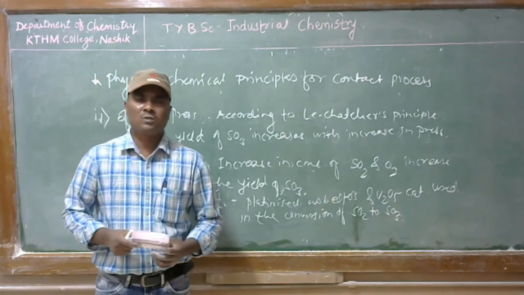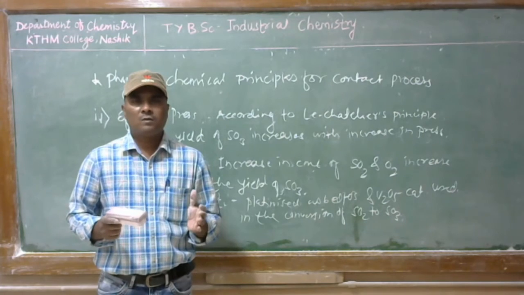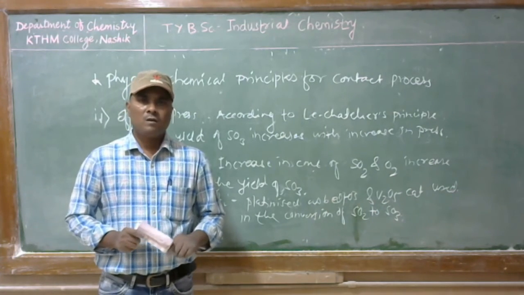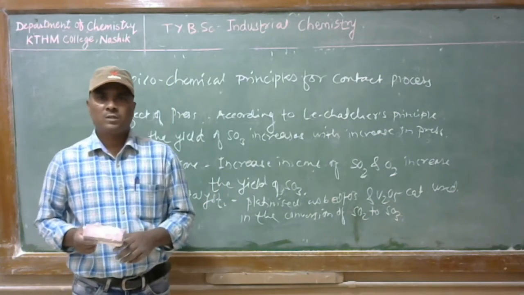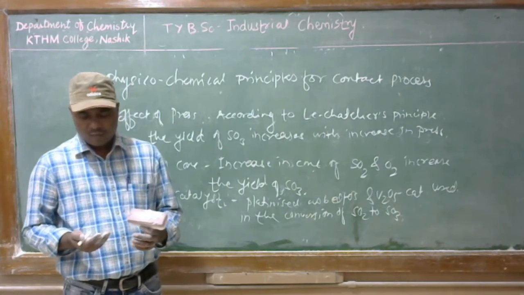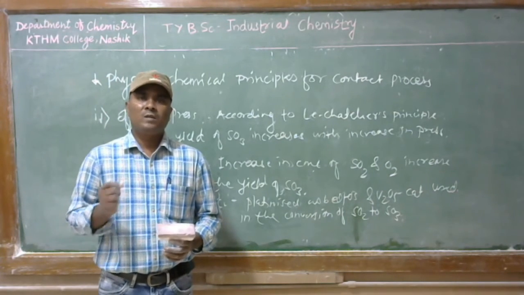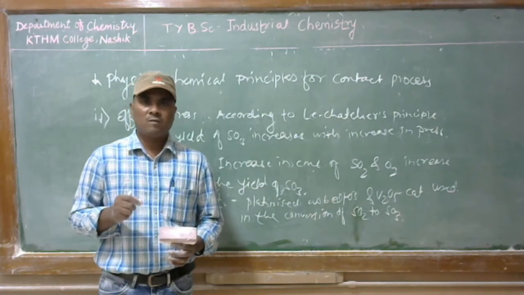Students, I hope you understood the whole process of manufacture of sulfuric acid by contact process and the physico-chemical principles involved in the contact process. Now we will see why vanadium pentoxide catalyst is superior to the platinized asbestos catalyst.